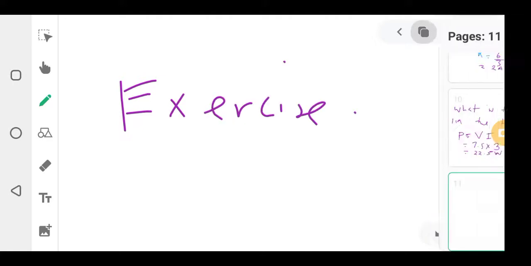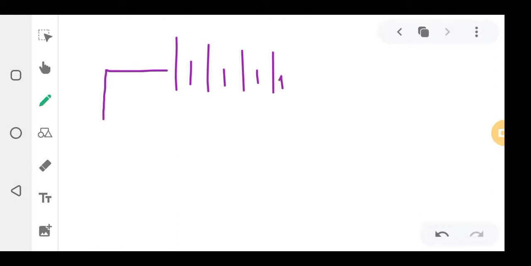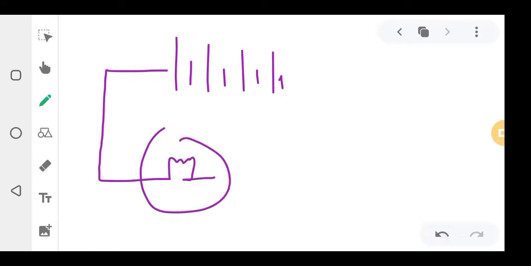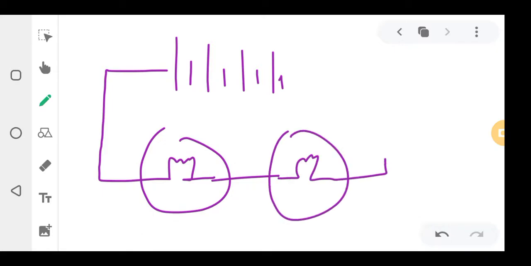Let me give you the exercise now so that I see whether you have understood what I'm saying. For example, they give you a circuit like this, and then they bring a bulb there, and then they bring another bulb there.